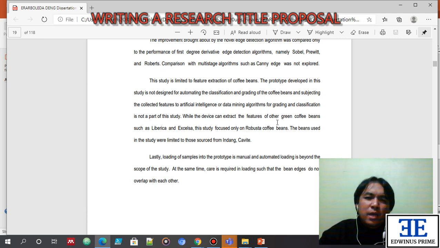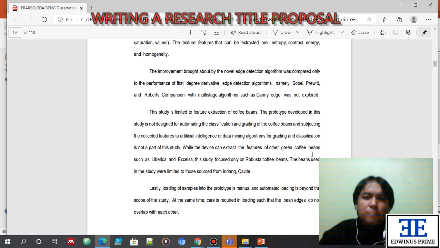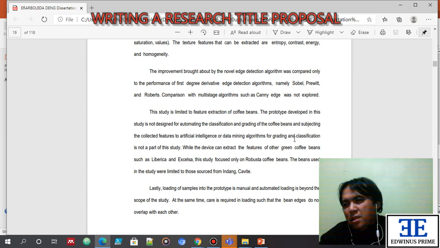Why would you make your research study complex when you are the one doing it? You might not be able to finish it. So focus on making your scope not too narrow but not too wide.